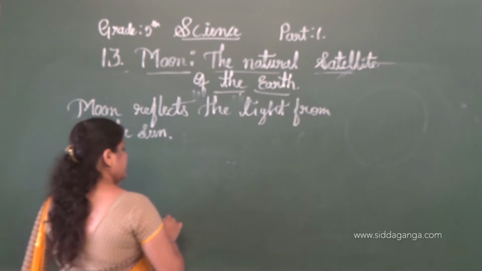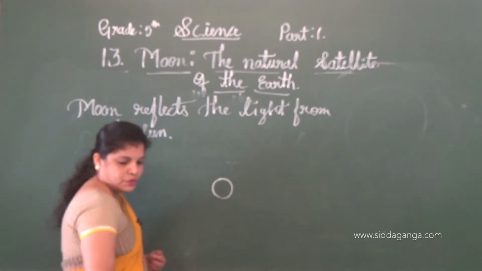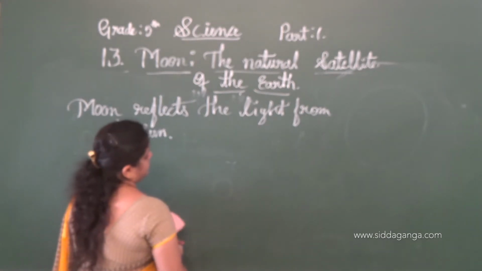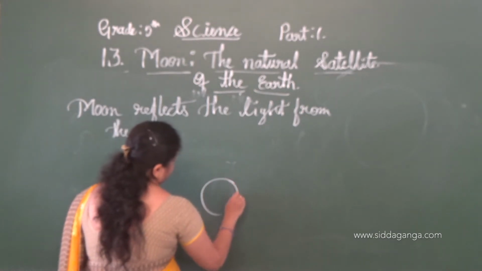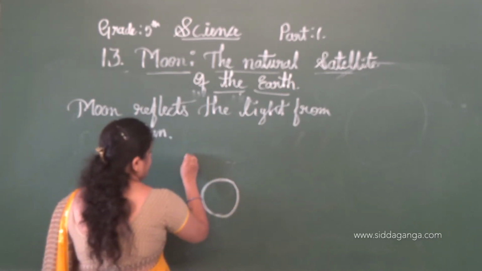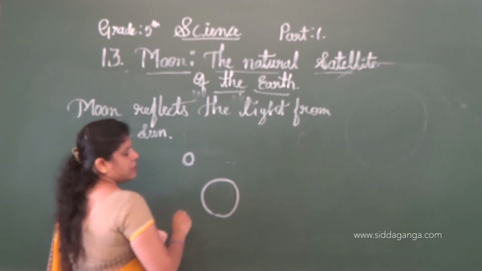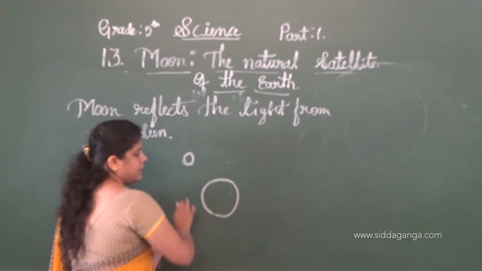For example, let's take this one as the earth. And this moon is one of the natural satellites. It always goes around the earth.